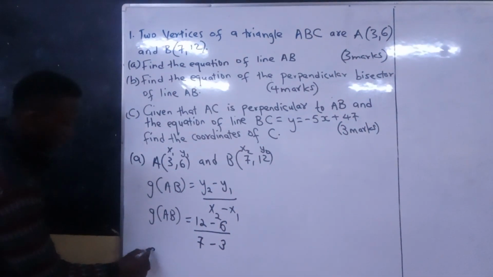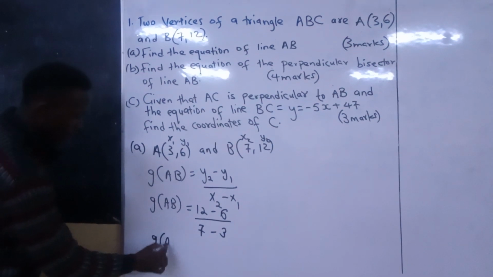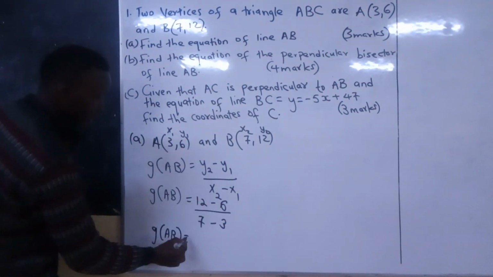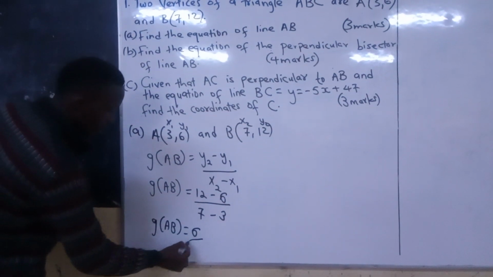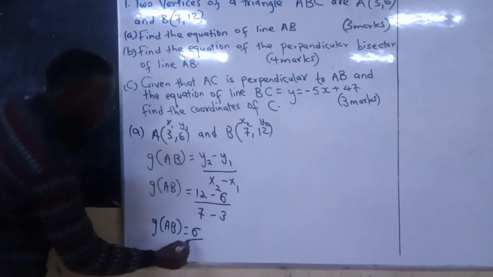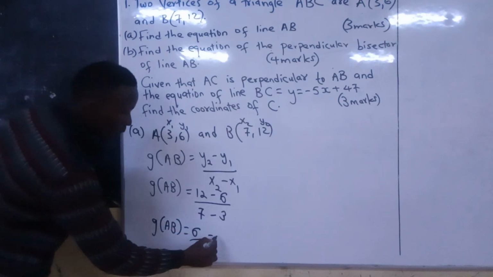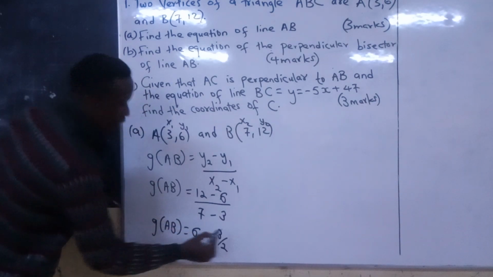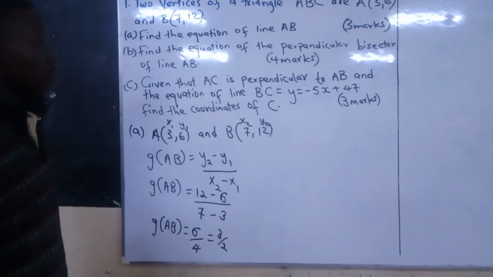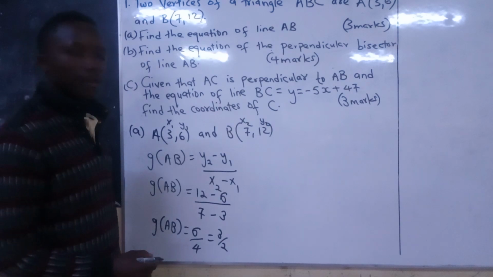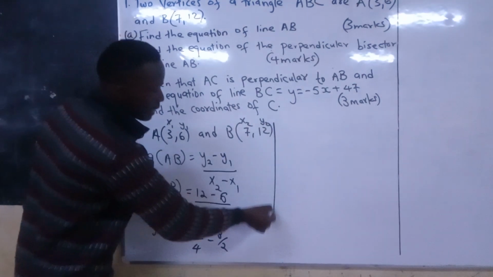Therefore, the gradient of line AB is 12 minus 6, which gives us 6, over 7 minus 3, which gives us 4. Simplifying 6 over 4, we get 3 over 2.